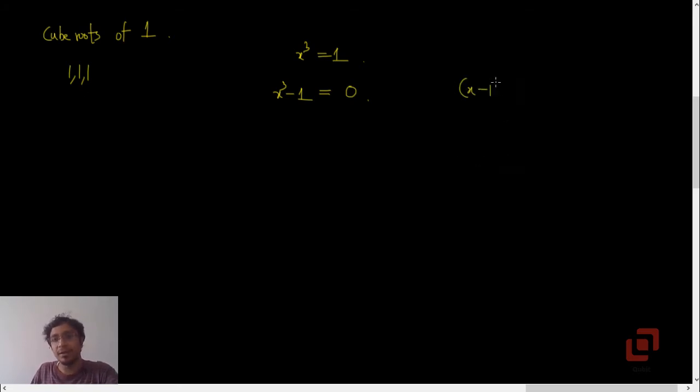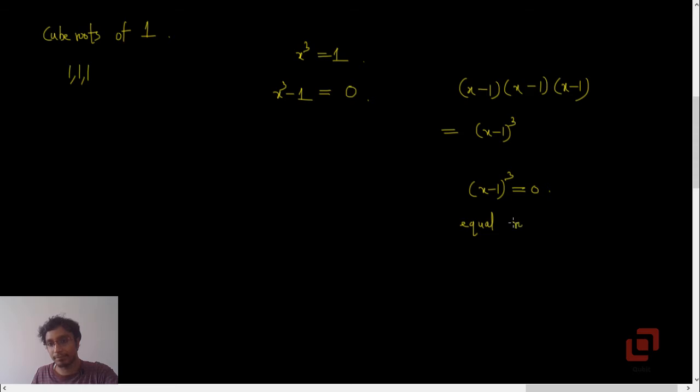Okay, this is the explanation. If we consider the following polynomial x minus 1 into x minus 1 into x minus 1, this is basically x minus 1 raised to 3. Okay, and if we are solving the cubic equation x minus 1 raised to 3 equal to 0, then the roots are equal. But this equation that we have got here is different from this one, right?